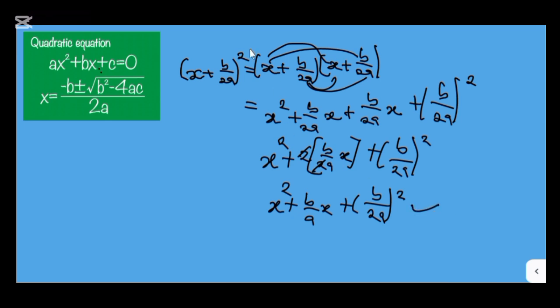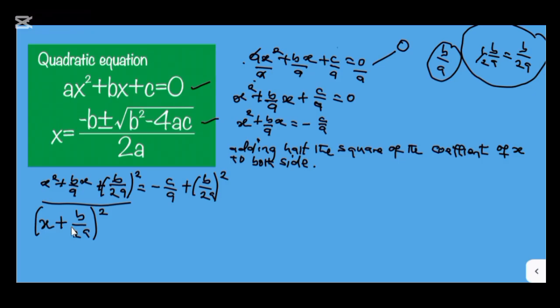So we have established that this is true. So if we should come back here, we can say that the whole of this can be written as this. This is now equal to b over 2a all squared minus c over a. Nothing has actually changed here.